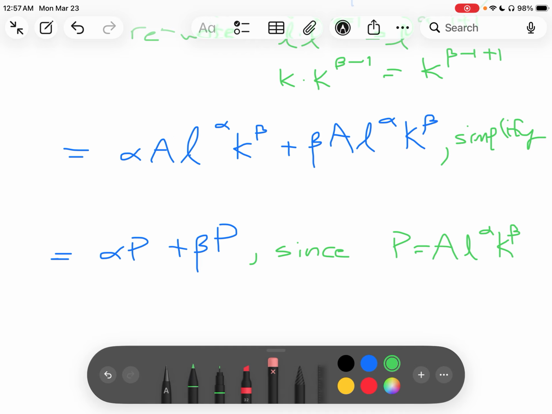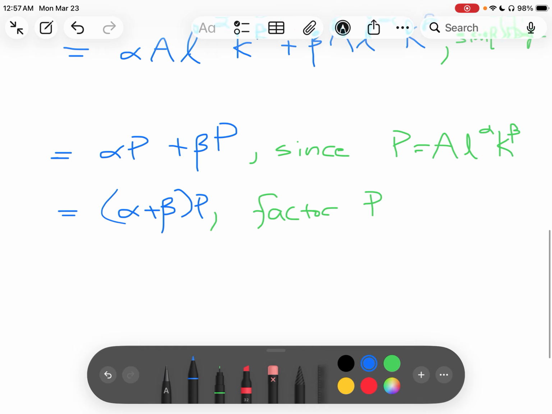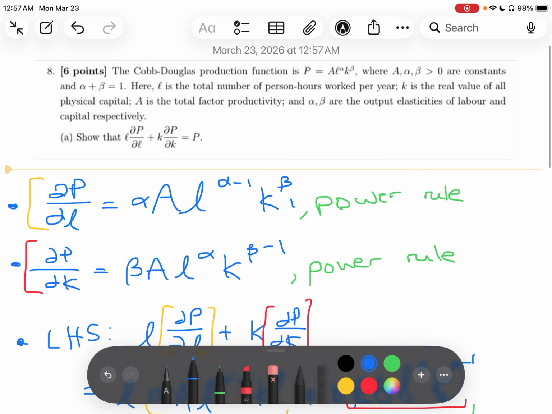So we have alpha plus beta times P. So all I did there was I factored P. And in the beginning of the question, they told us that alpha plus beta is 1, right?